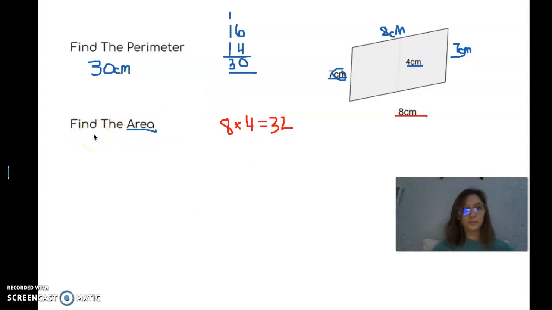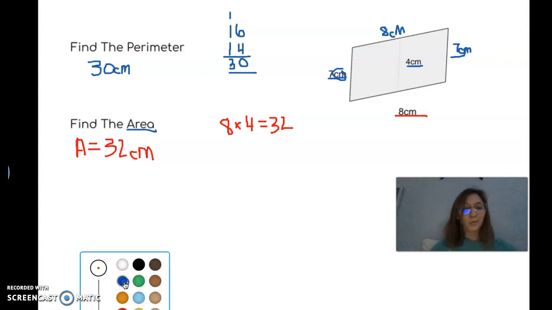All right. So area, we're going to say A equals 32 centimeters. I'm going to go back up here and put a P for perimeter.